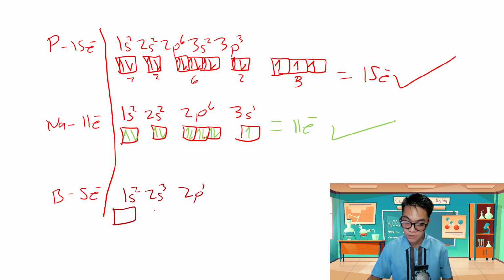This is for the 1s orbital, the 2s orbital, and the 2p orbital. Now, let's distribute the electrons to each of their orbitals. 1s1, 1s2, 2s1, sorry, this is 2, 2s2, and 2p1.